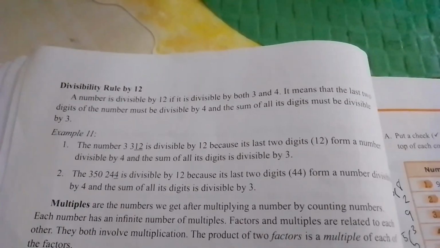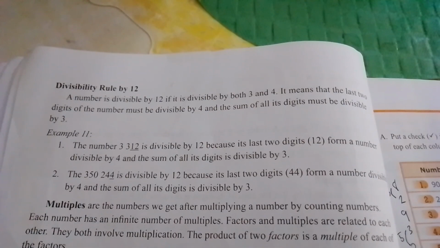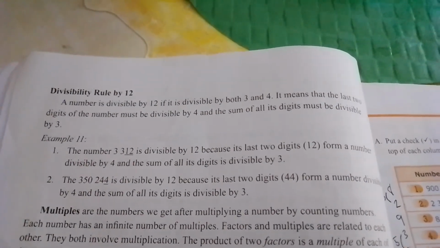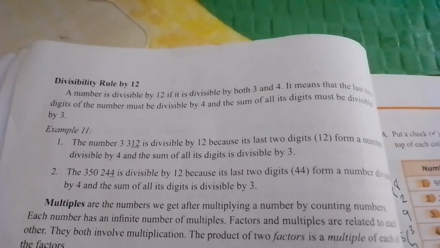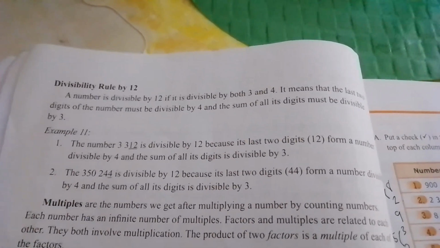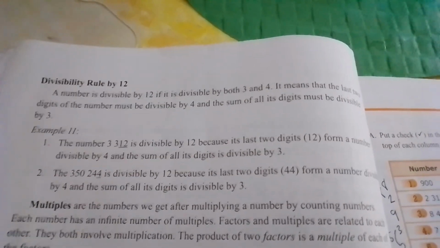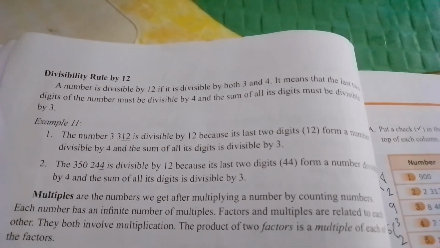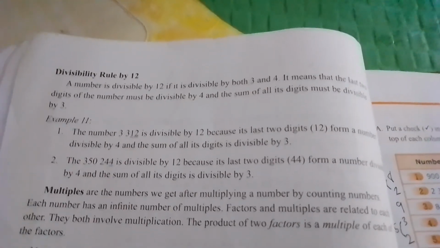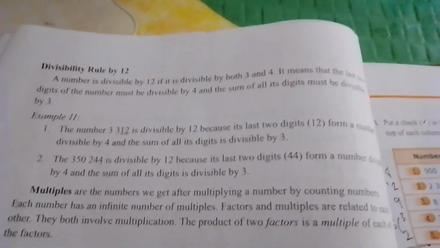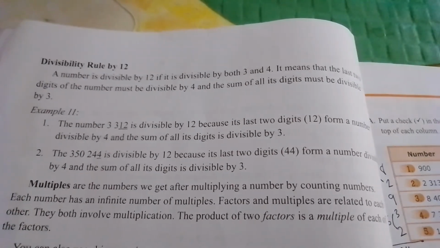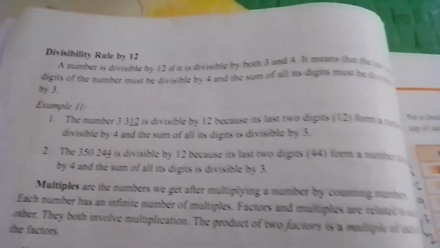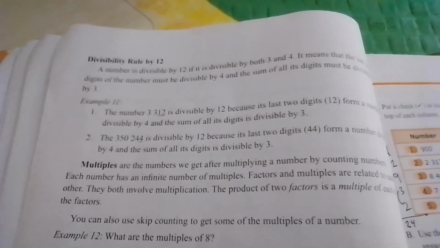For example, the number 3,312 is divisible by 12, because its last 2 digits, 12, form a number divisible by 4, and the sum of all the digits is divisible by 3. So 3 plus 3 is 6, 6 plus 1 is 7, 7 plus 2 is 9. It's also divisible by 3, so it will be divisible by 12.